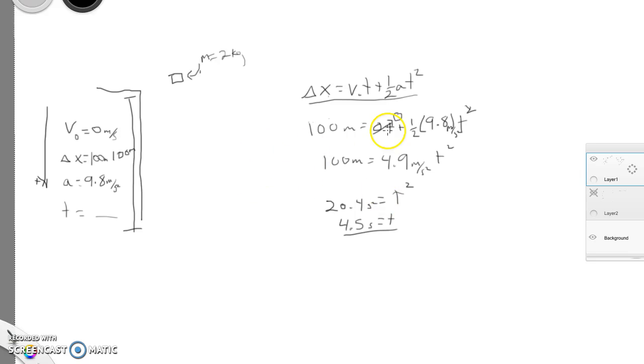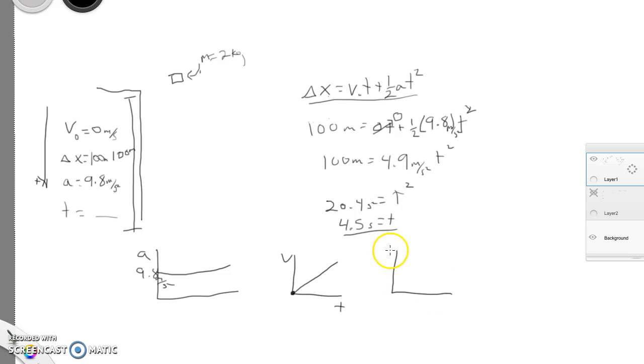Before we move on, I do want to sketch some graphs. If we were to graph the acceleration of this object, it would be 9.8 the entire time, in meters per second squared. If we were to graph the velocity, it starts from an initial velocity of 0, and that velocity increases as it falls.